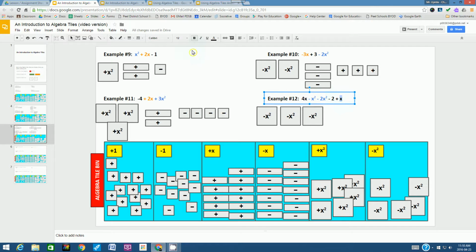Okay, let's look in our algebraic expression. Let's look for any x's, and I see an x here. It's just a lonely positive x. I'm going to highlight that in orange. So positive x is one of these tiles. And then I'm left with negative 2 integers.